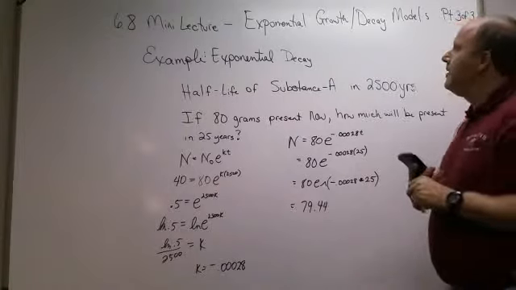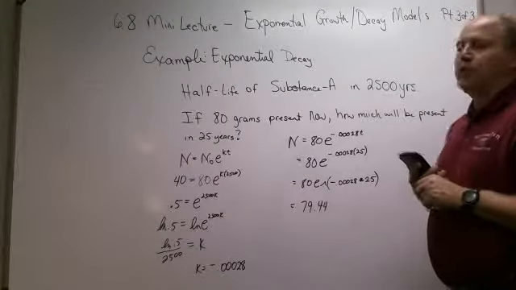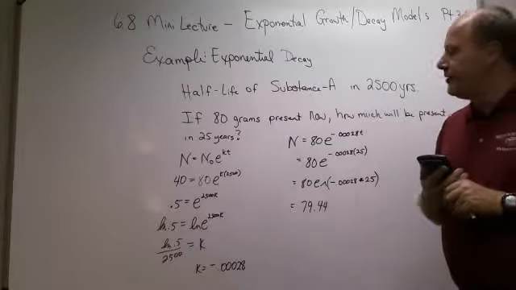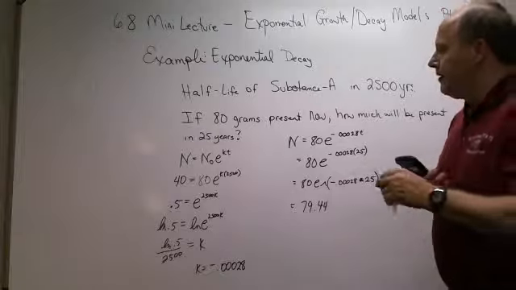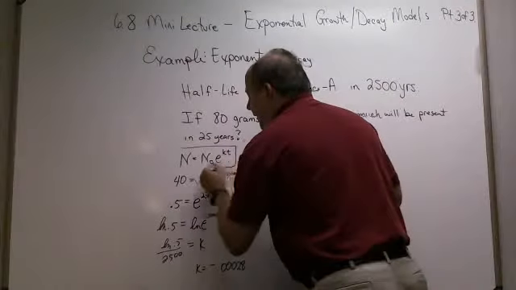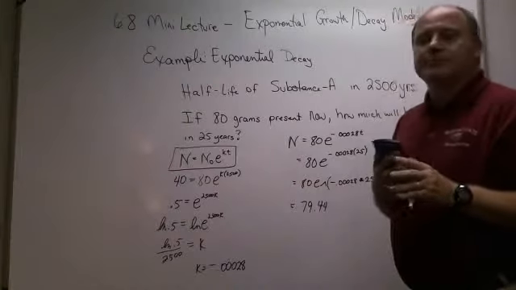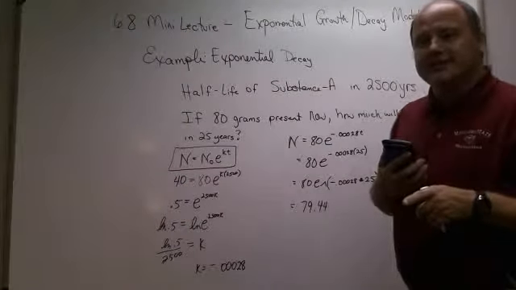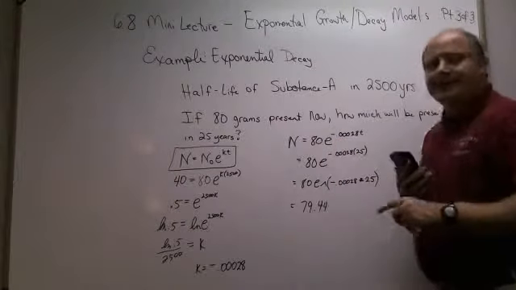Anyway, this is part 3 of 3 of the exponential growth and decay models. Just as a summary, remember, both growth and decay use the same formula. The distinguishing factor between the two is the k. If it's a positive number, it's growth, and when k is negative, it's decay.